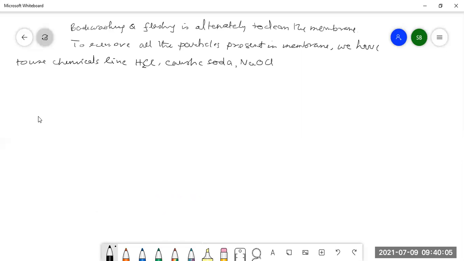They are added to the backflush water, which is then a chemically enhanced backwash cycle.